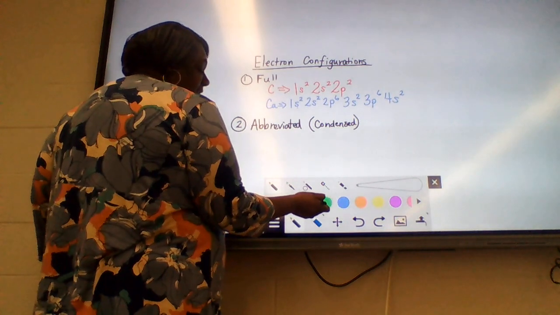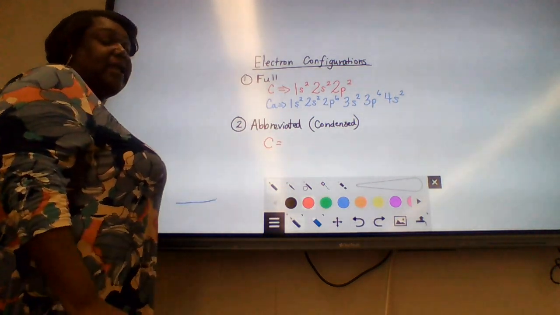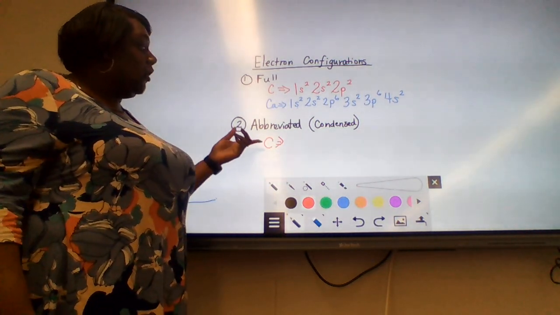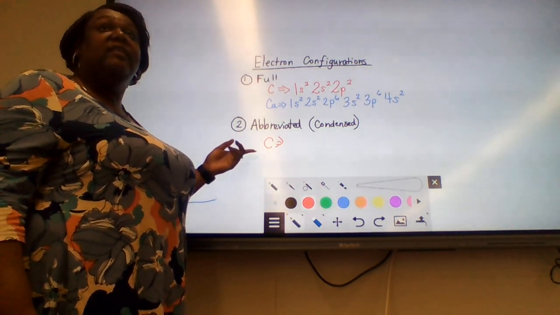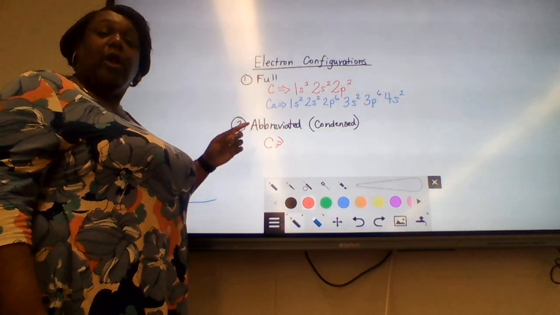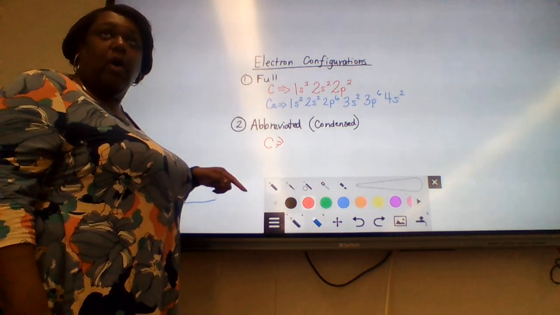If we choose the same two elements we had before, if I were doing the abbreviated or condensed or noble gas configuration for carbon, what I would do is find carbon on the periodic table and go back to the last noble gas I passed before I got to carbon.